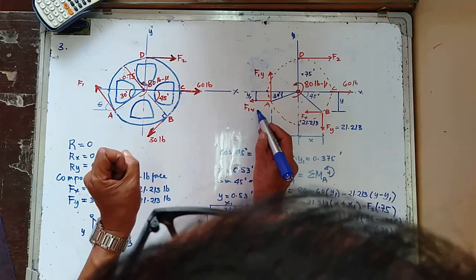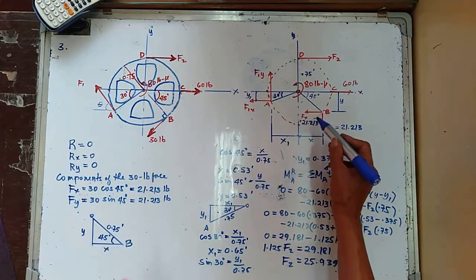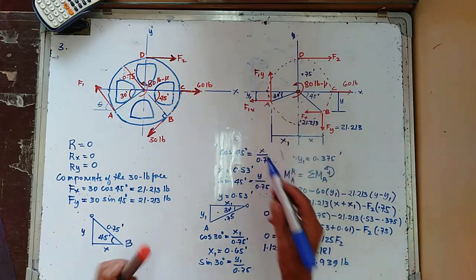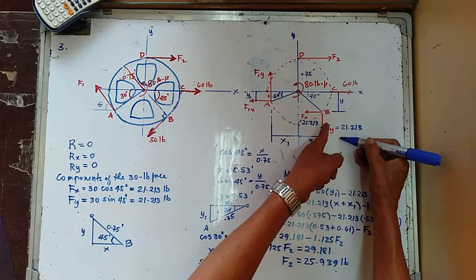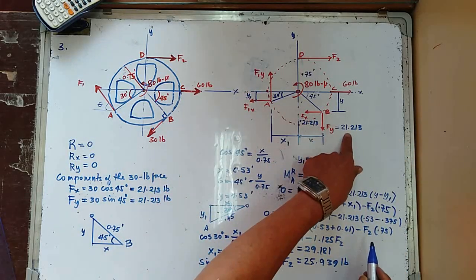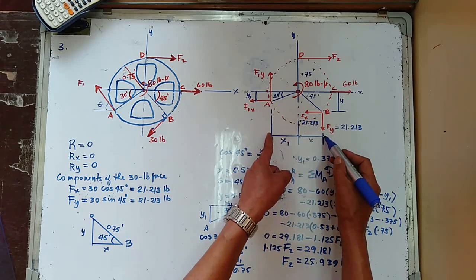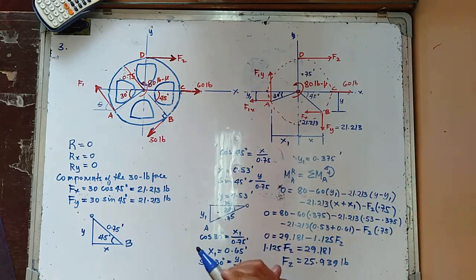That is the perpendicular distance from the line of action of Fx about point A. Fy is still going clockwise about point A, so it's 21.213, and the moment arm to the moment center is x plus x1.